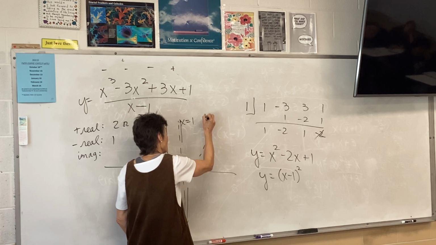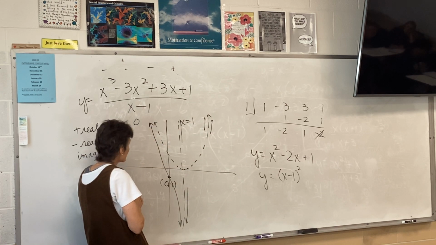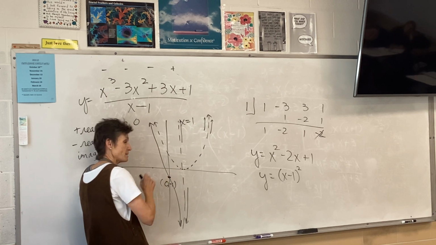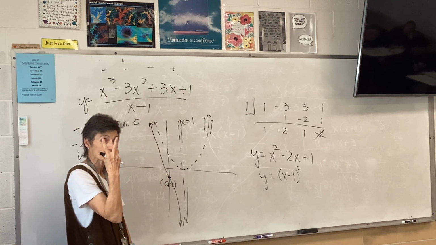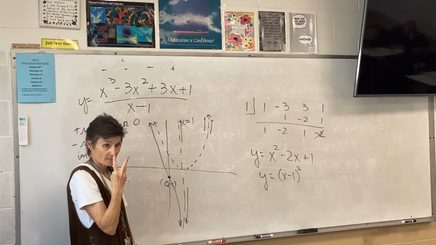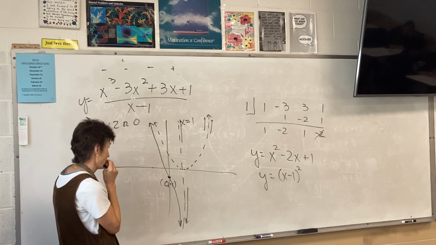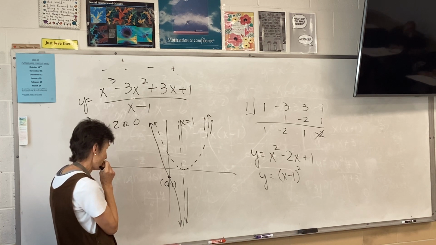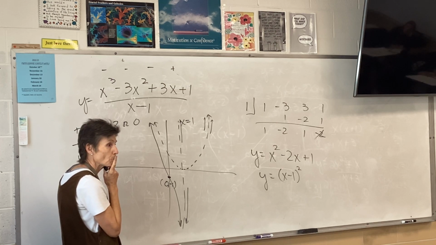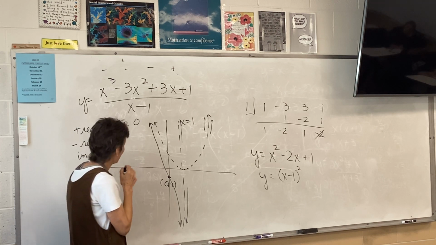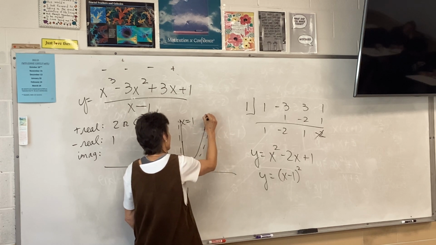I don't know if I cross the x-axis or not, but if I do, I have to cross it twice. So keeping all that in mind, what do you think this looks like in here? It probably doesn't cross at all. I think it looks just like this.